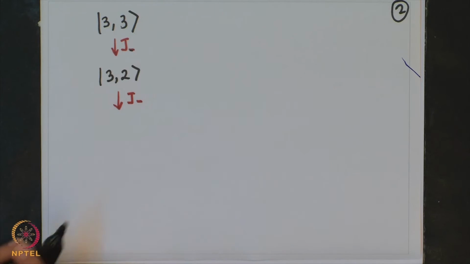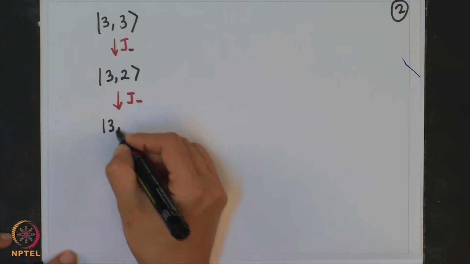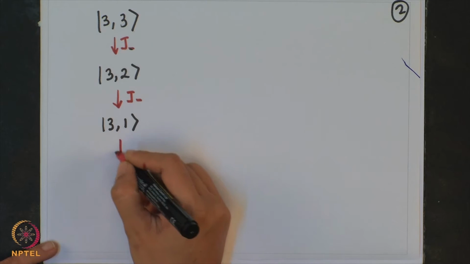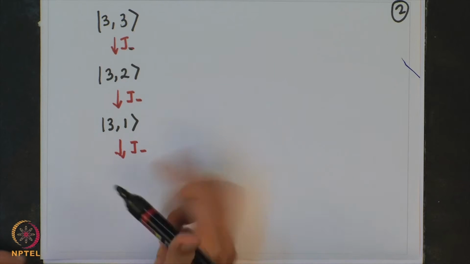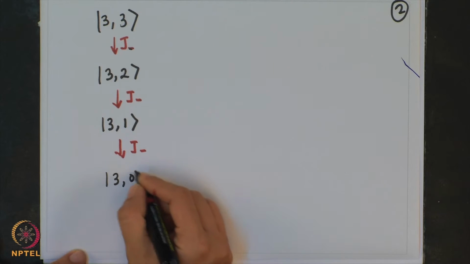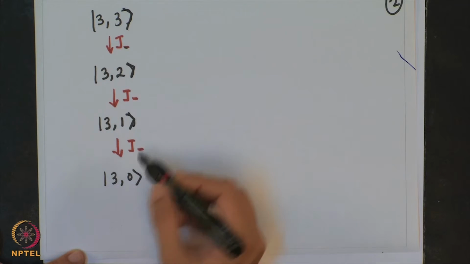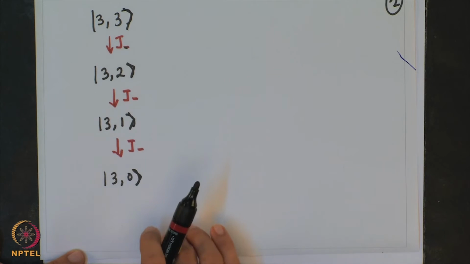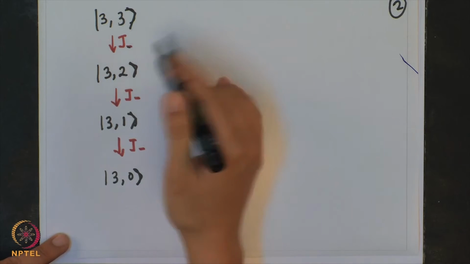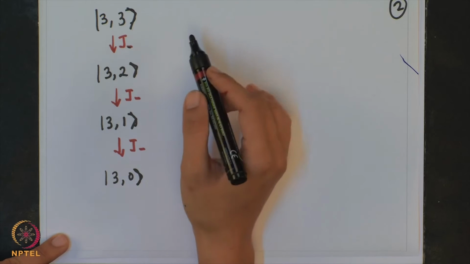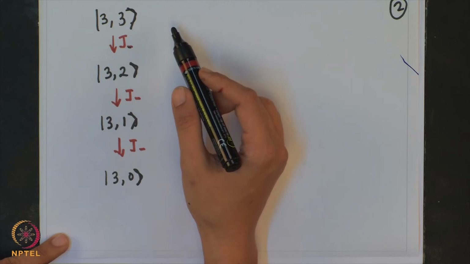You again go to the next lower state by applying it. So, repeatedly applying the ladder operation will give me 3 comma 0. These states you can obtain, these are all left hand side terms. Similarly, the corresponding right hand side terms you will obtain. You have seen this in the calculation of CG coefficients.